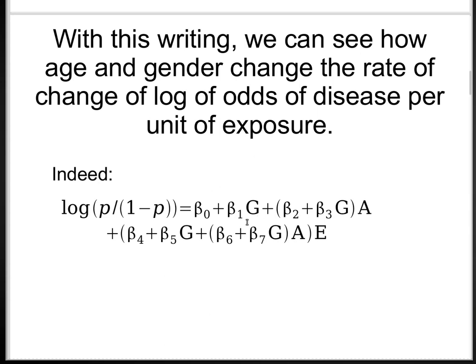We can also think about the impact of age on the slope here, insofar as we're viewing the log of the odds of disease as a function of exposure, and how the slope in this equation impacts on this slope. Okay, so now we've got slopes. We've got lots of them. We've got lots of rates of change of log of odds of disease per unit change in something.